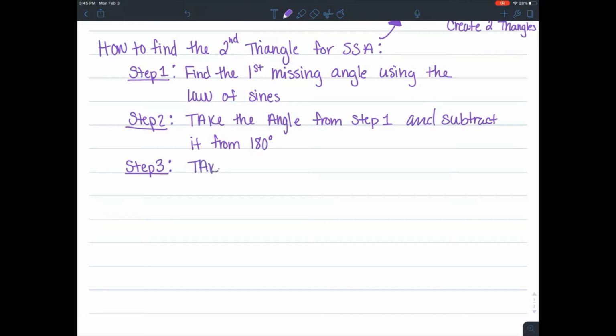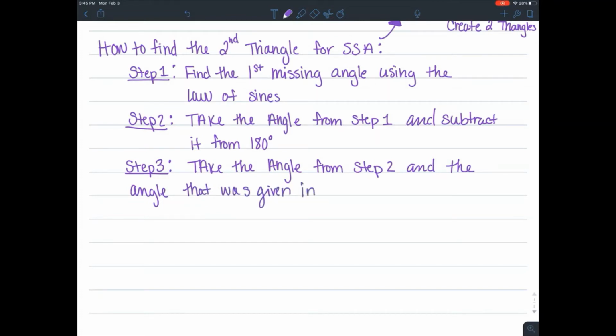Take the angle from step two and the angle that was given in the problem and add together.